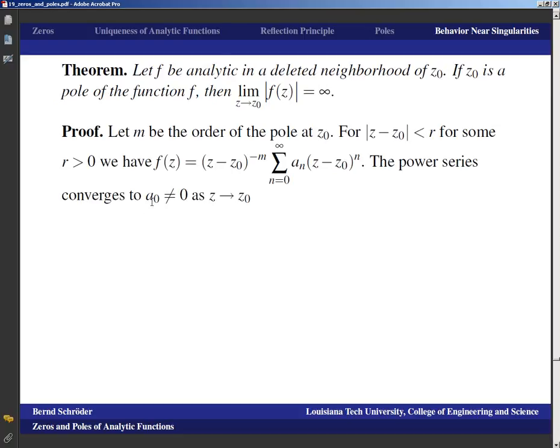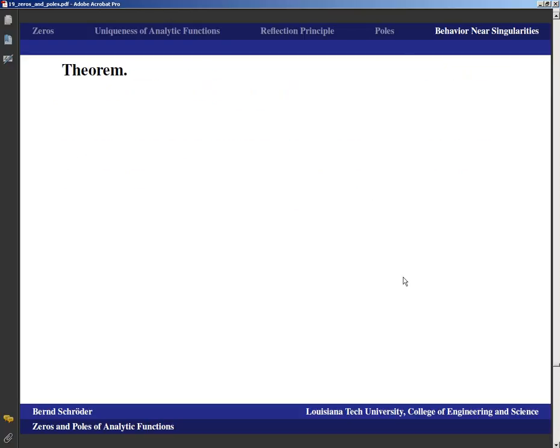Well, the power series converges to its value at z0, which is not 0 since the pole has order m. And (z minus z0) to the negative m goes to infinity as z goes to z0. And that's it, because now we have something that converges to a non-zero number times something that in absolute value goes to infinity. That product must go to infinity also.